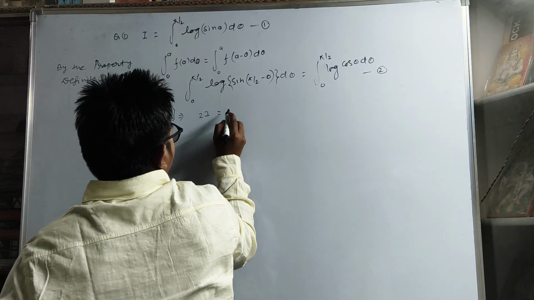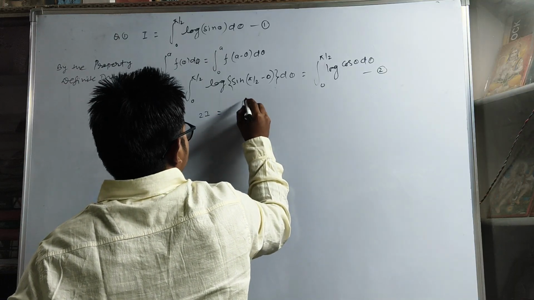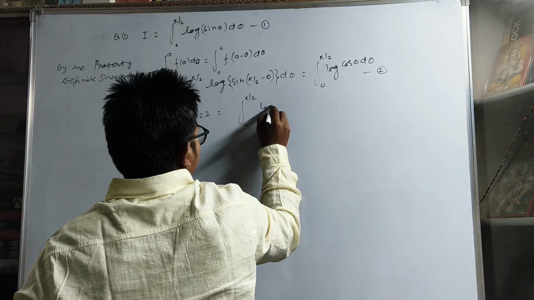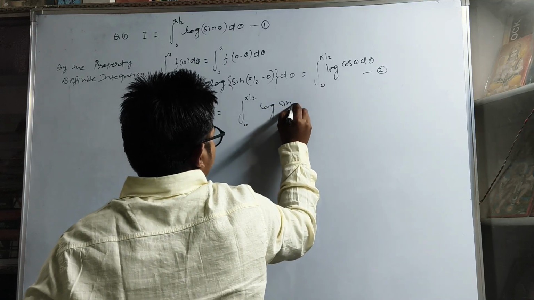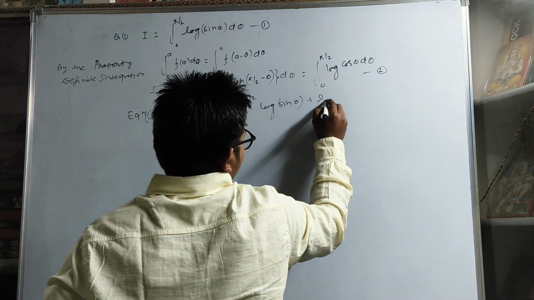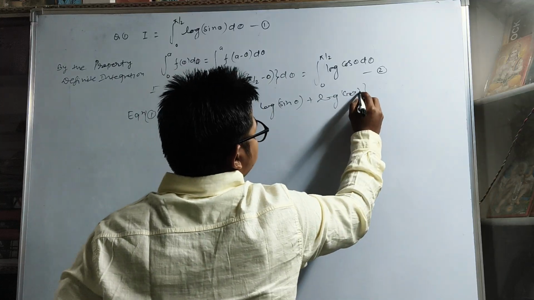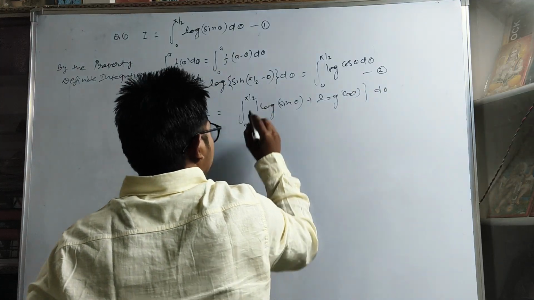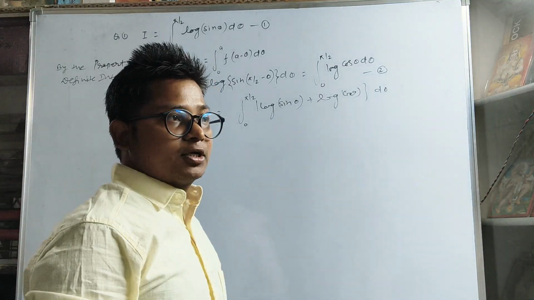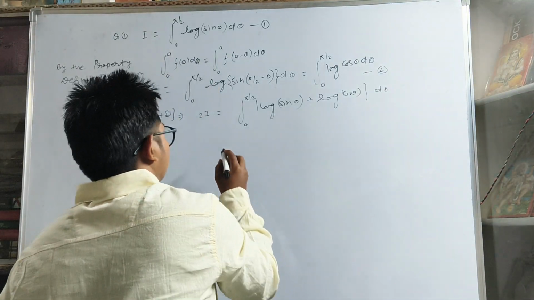So if you add equation first and second, we can write 2I equal to what? Integration from 0 to pi by 2 log of sin theta plus log of cos theta d theta. By the property of log, log m plus log n equal to what?